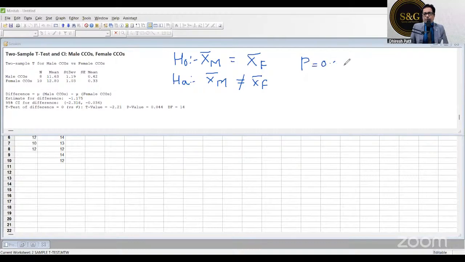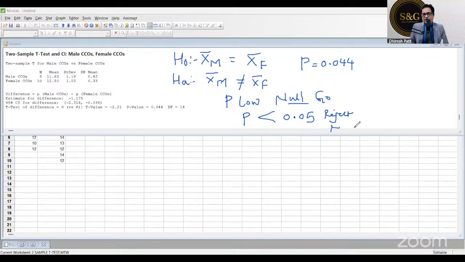The p-value is coming to 0.044. Clear? If you remember our rhyme, P low, null go. If the p-value is lower than 0.05, null go. That means we reject the null hypothesis. In this case, it is slightly lower than 0.05. So we reject the null hypothesis and we accept the alternate hypothesis, which says the average of male CCO is not equal to the average of female CCO.